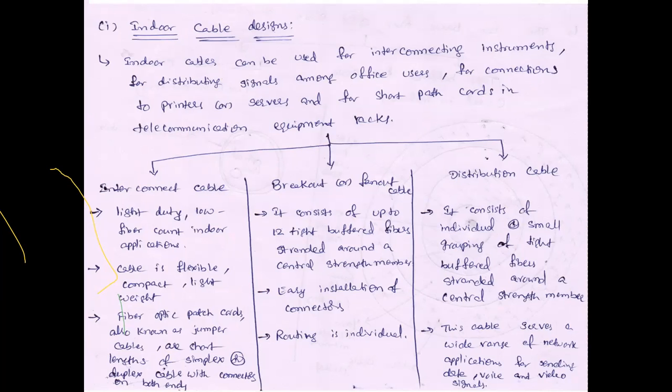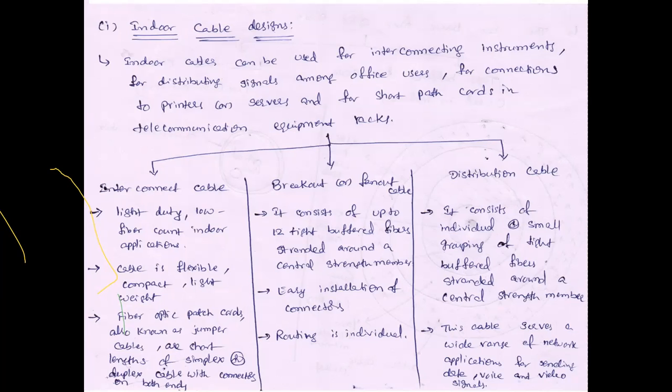This interconnect cable is used for light duty and low fiber count indoor applications. This type of cable is flexible, compact and lightweight, and especially is used in patch cords, also known as jumper connections, and short lengths of simplex and duplex cable design.